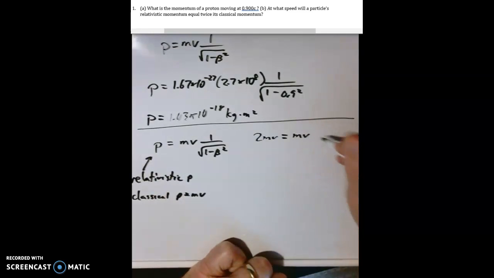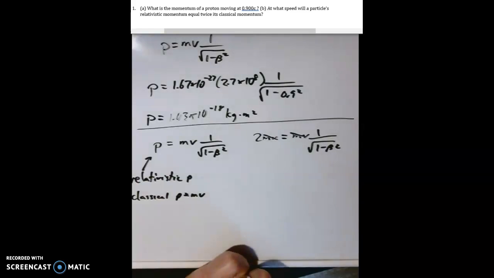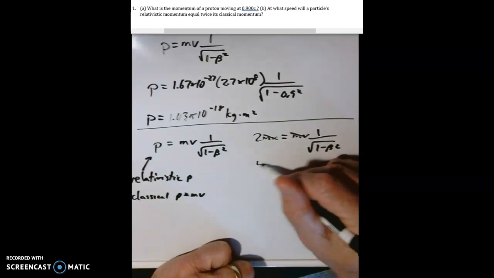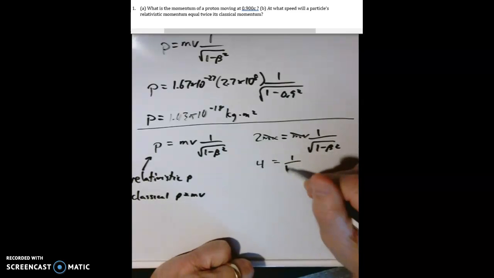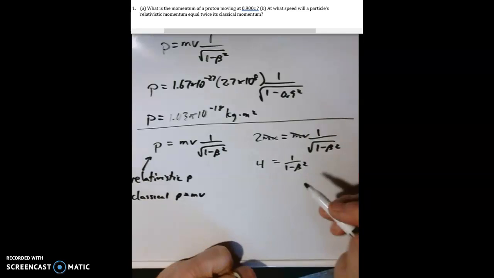And that equals mv times 1 over the square root of 1 minus beta squared. And we can see that very politely mv is going to cancel out. Now all we've got to do is solve for beta. Again, we'll start by squaring everything and get 4 equals 1 over 1 minus beta squared.